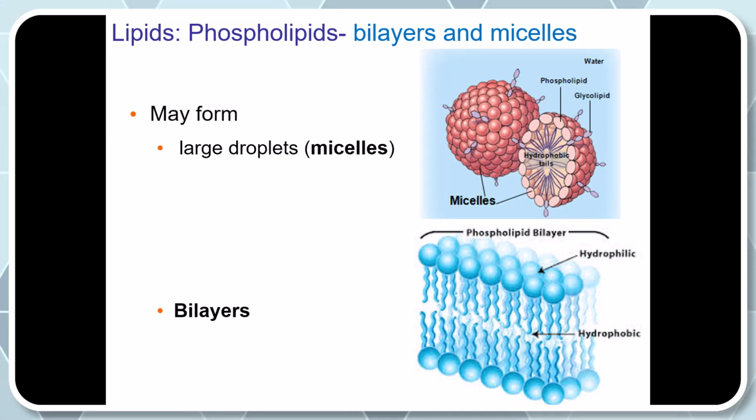So phospholipids can actually form bilayers, which is 2 layers of phospholipid, or micelles in water. So we'll talk more about the cell membrane in, I think it's chapter 4, but phospholipids are an important component of the cell membrane. We have a phospholipid bilayer making up a good chunk of our cell membrane.